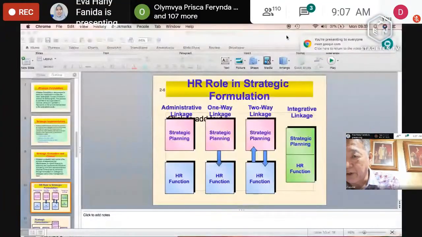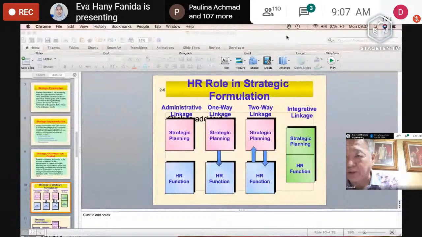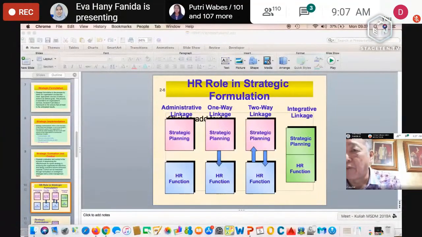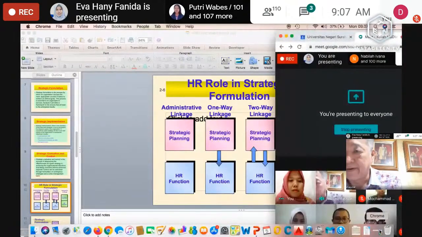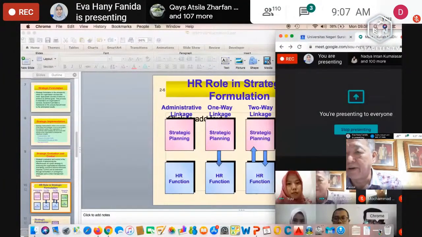So right now, from the past to the present, the 4th type is the common one. However, I cannot say that all companies or corporations use the 4th type. Some companies are still very traditional.